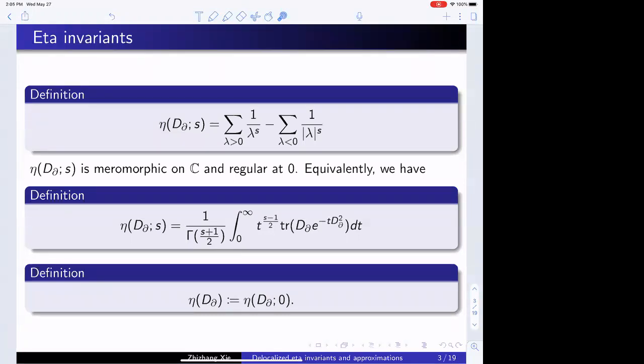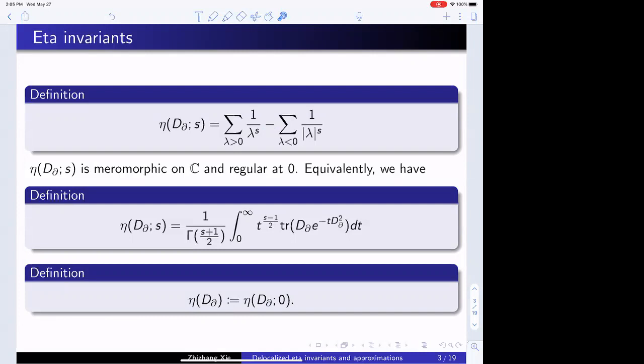Here lambda goes through all the eigenvalues in the spectrum of the boundary operator. You define a function called the eta function, where s is a complex number. For lambda greater than 0, you put 1 over lambda to the s. For the negative ones, you take the absolute value, and there's a minus sign here.